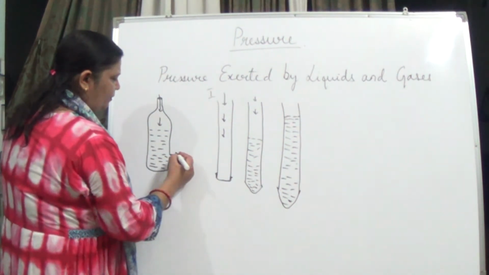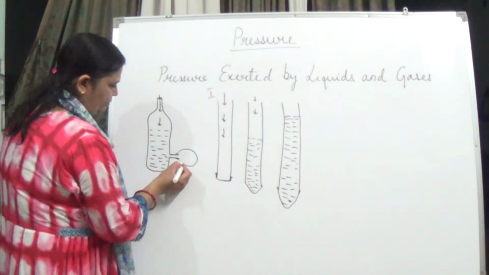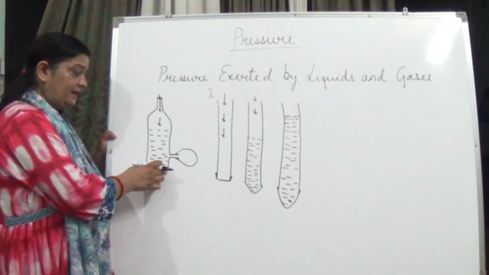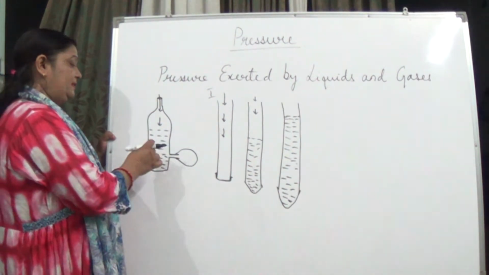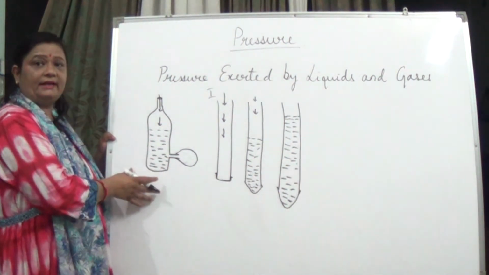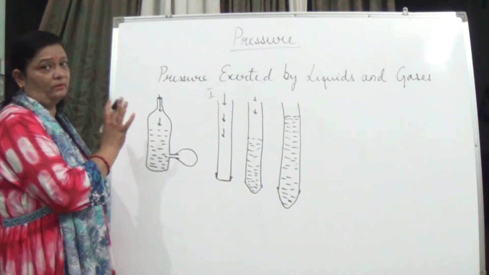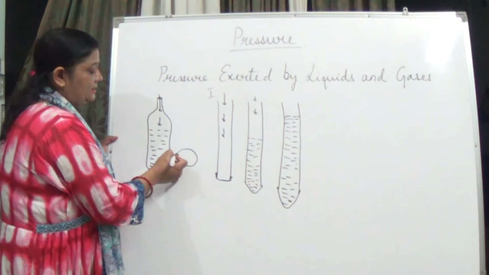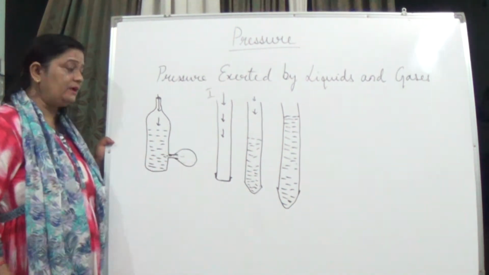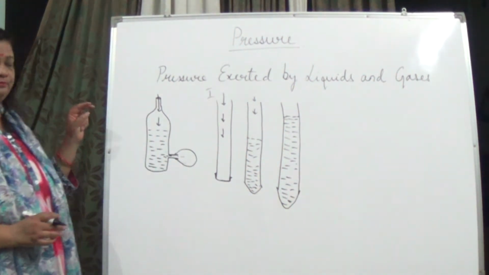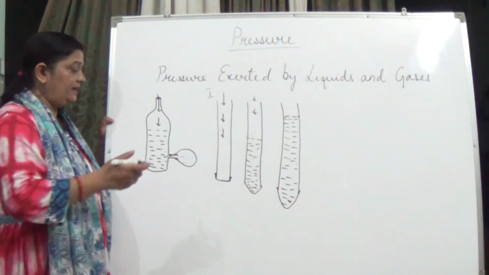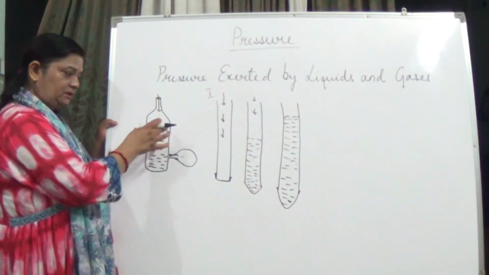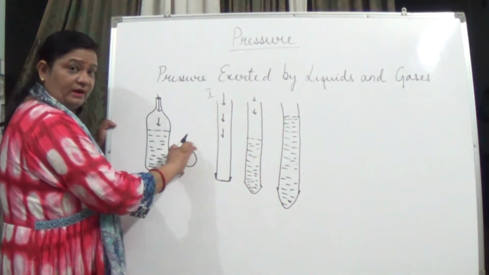When you add water to it, you will see that this balloon has now bulged. So this is saying that this liquid is exerting pressure on the wall of the container. As it is exerting pressure, this liquid is moving inside this balloon and it is bulging. Now suppose the height of this liquid is this much, I took this much water, and it has bulged this much.